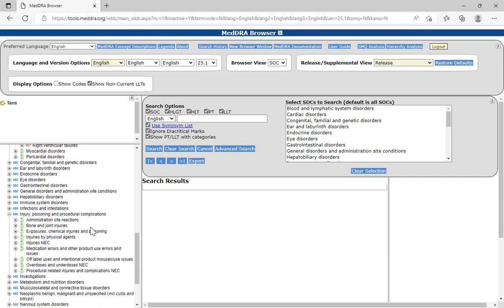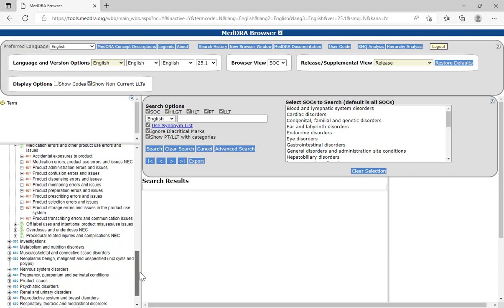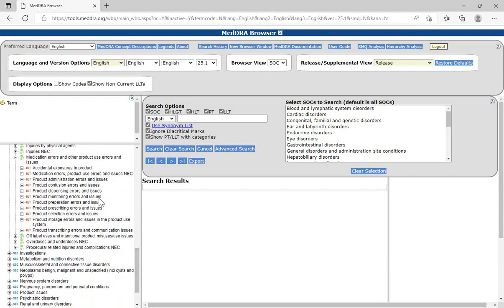Let's open up this SOC. And then I'm going to go to my HLGT, which is relevant to our coding question today, medication errors and other product use errors and issues. So lots of stuff is in this HLGT, which may be of relevance to us today for this scenario. After I open that, I look at all the various HLTs under that HLGT.